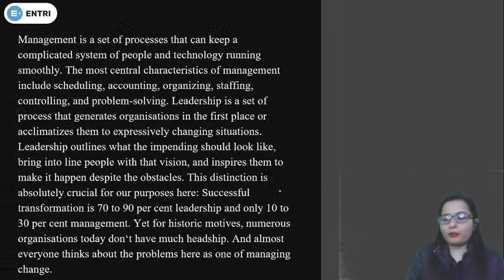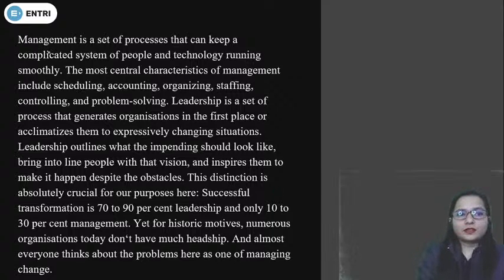So here is your passage on your screen. Start reading the sentence. Management is a set of processes that can keep a complicated system of people and technology running smoothly. Understood?